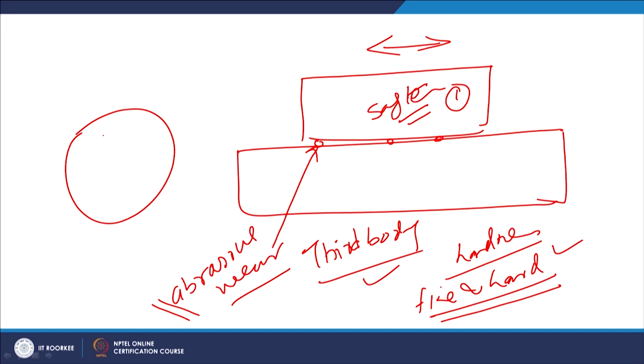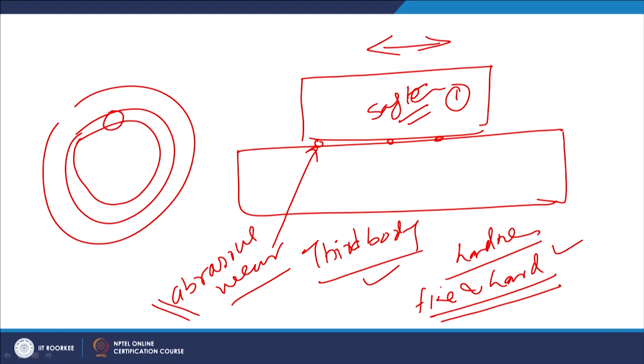In the case of unidirectional movement, like in this particular situation where this is the wear track and this is the pin, the disc is moving and the pin is located at a particular position. The continuous movement of the disc counter surface with respect to the pin generates wear debris at the pin and counter surface interface, and under the effect of centrifugal force these wear debris particles will be thrown out of the wear path.